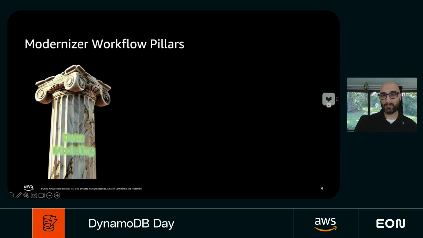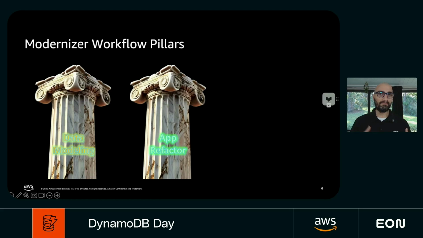Now you move to the second pillar, which is the one that is less related to databases in general, because you need to refactor your application. At this point, we recommend implementing an abstraction layer, so you connect to both databases at the same time, old database and new database, without impacting your application.